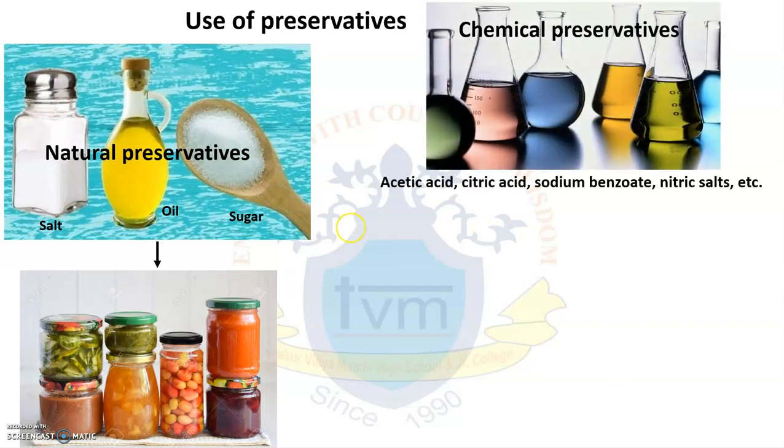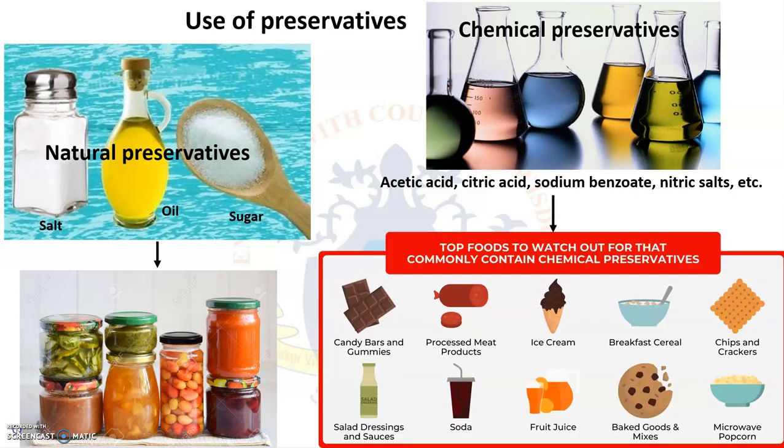The other type of preservative is chemical preservative. A few of the examples are shown over here: acetic acid, which is nothing but vinegar, citric acid, sodium benzoate, and nitric salts. All these are different chemicals which are used as preservatives, which are added to the food to preserve it for a longer period of time.